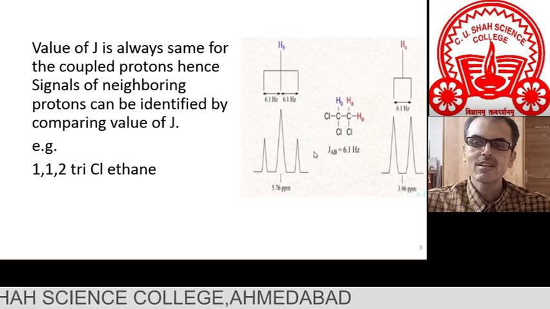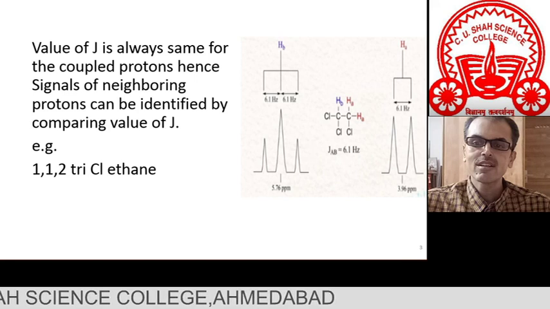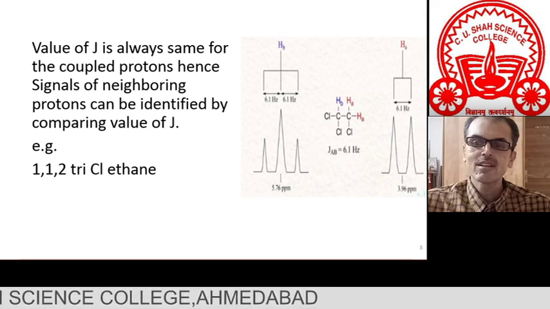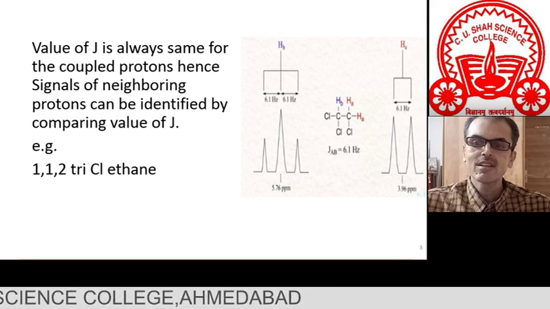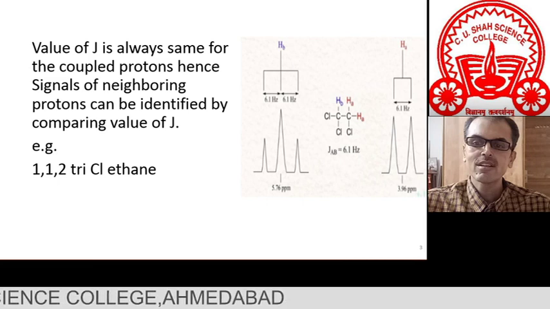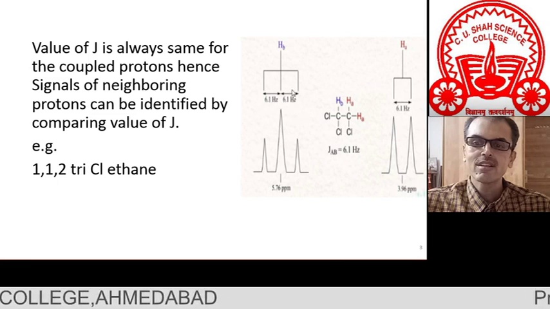Now since these protons HA and HB are neighboring protons, neighboring protons always have the same value of J. So in the figure you can see that this distance in the triplet is 6.1 hertz, and the same distance you will find in the doublet also.